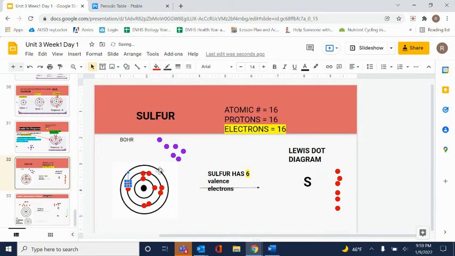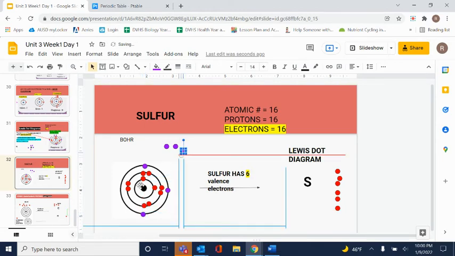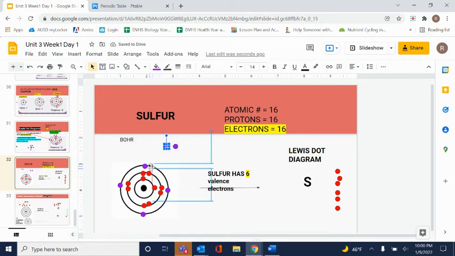those are valence electrons. I have 10 electrons on the board out of 16, so I need to add 11, 12, 13, 14, 15, and 16.